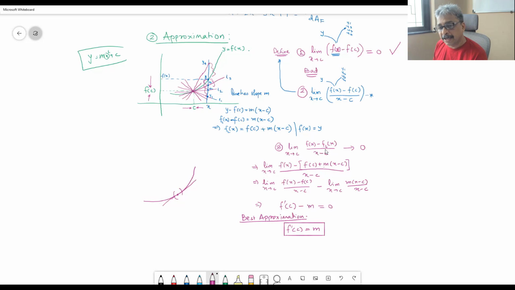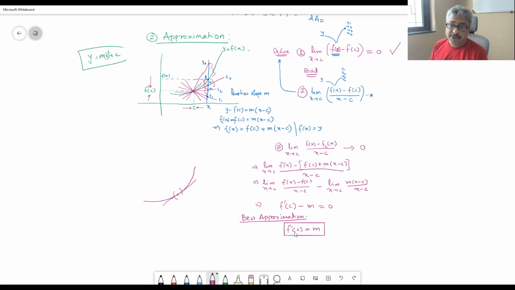This is the third iteration of the definition, and if you accept this, as you go near c, the difference between them should become 0. Then it gives us the tangent which will give us the best approximation, and therefore we accept that. This is not done first and then the differential calculus derived. It is not like that.